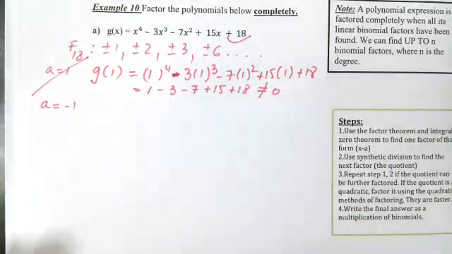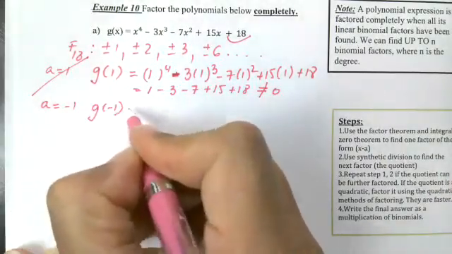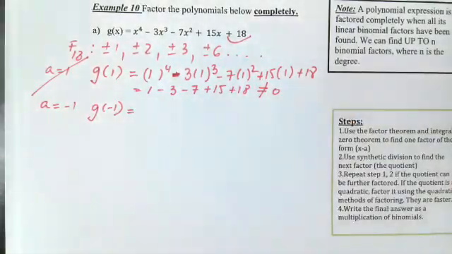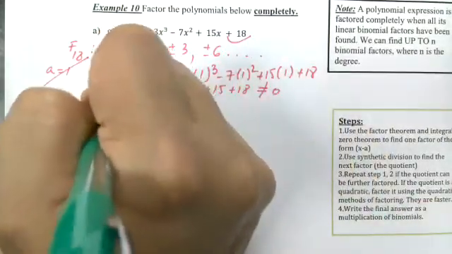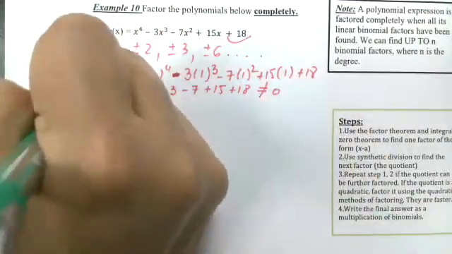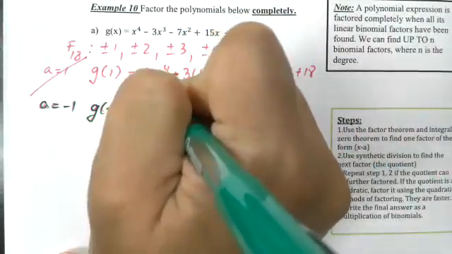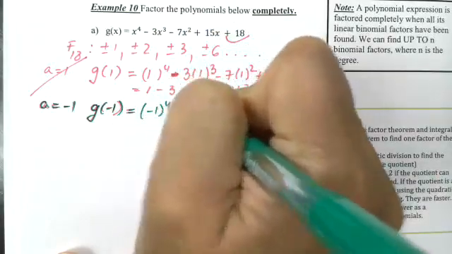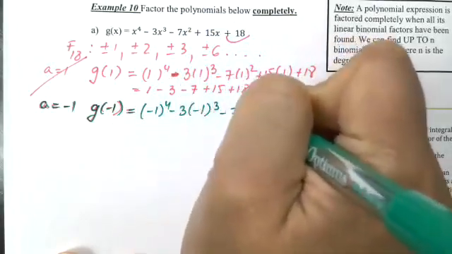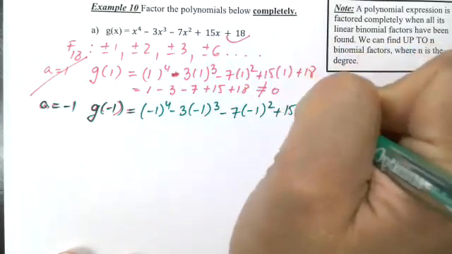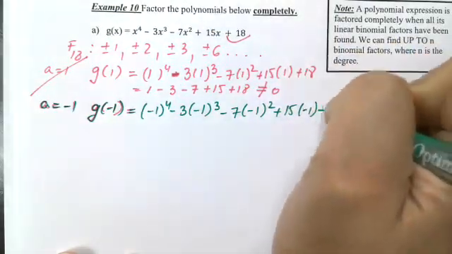Let's check a equals -1. So g of -1. I'm going to switch colors so sometimes it's easier to see or to copy from far away. So we have -1 to the 4 minus 3 times -1 cubed minus 7 times -1 squared plus 15 times -1 plus 18.